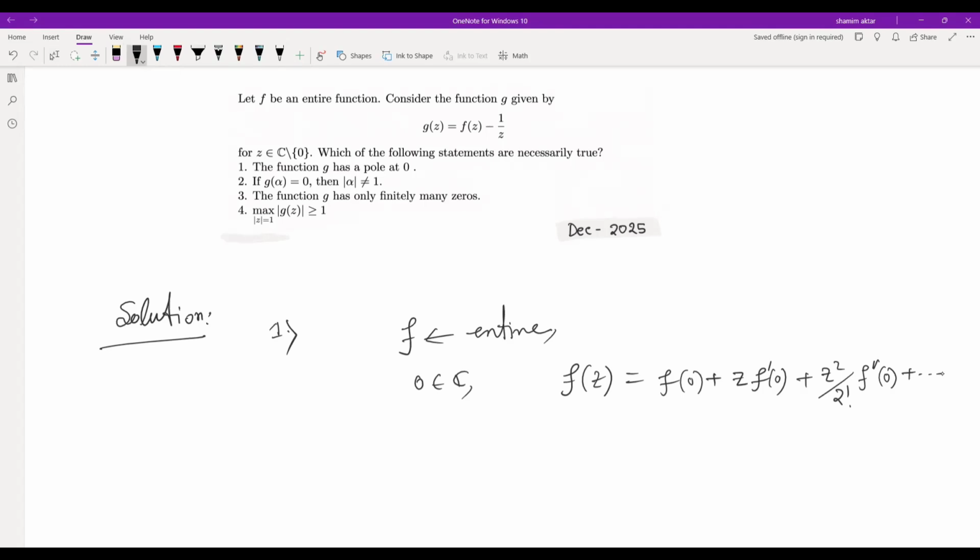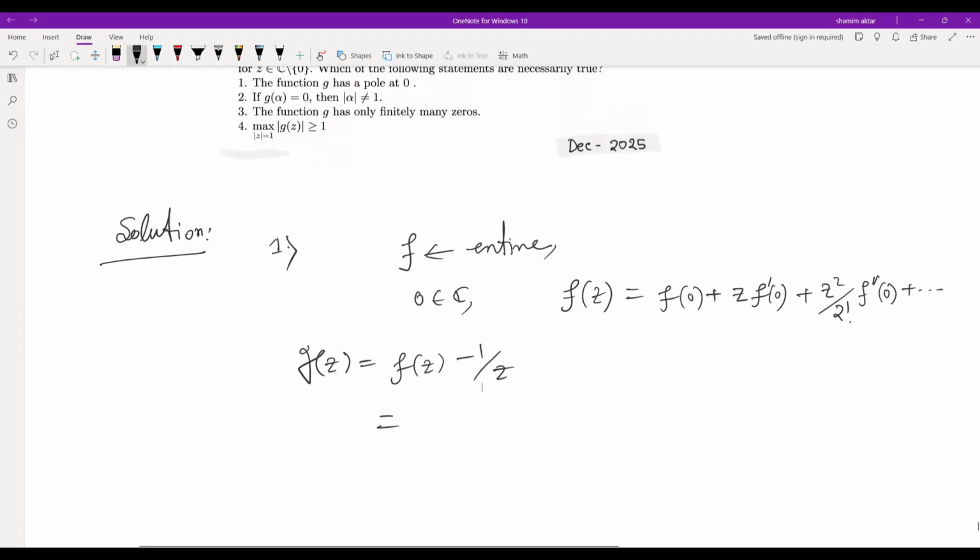Given g(z) = f(z) - 1/z, put in the value of f(z): this is equal to f(0) plus z f'(0) plus dot dot, and minus 1/z. This is also a Laurent series at the point 0.